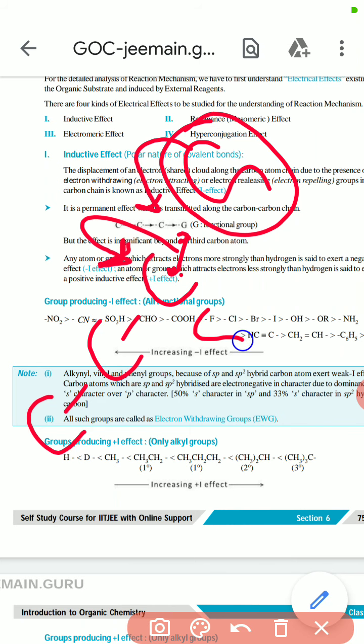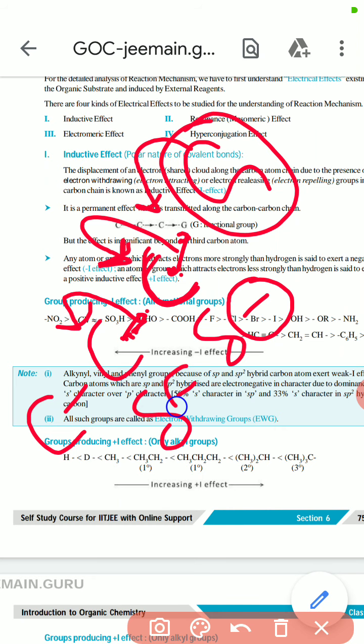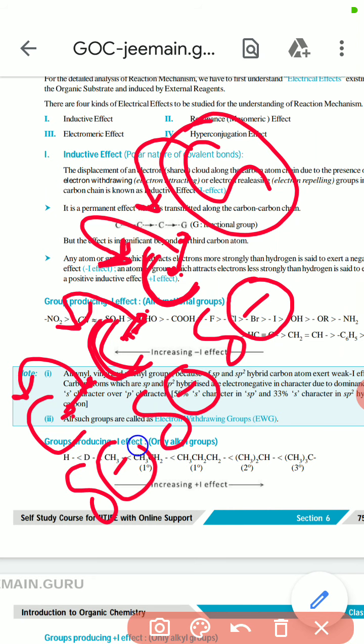So this carbon becomes partial negatively charged. Now this carbon would repel the shared electrons of this sigma bond toward the next carbon, and that carbon also becomes partial negatively charged.